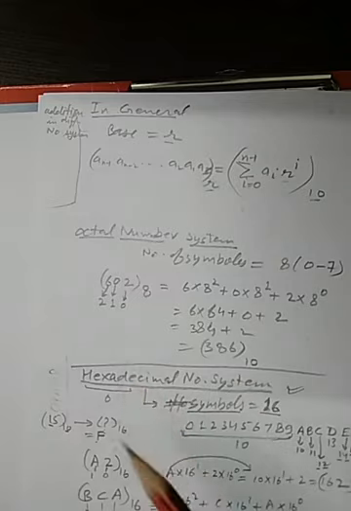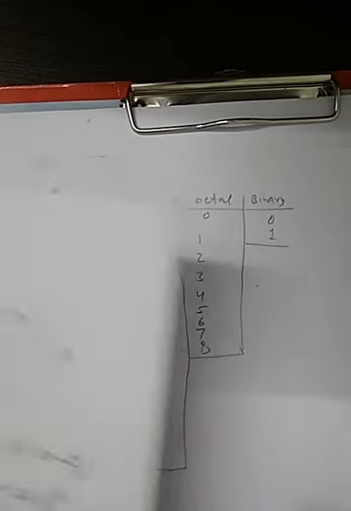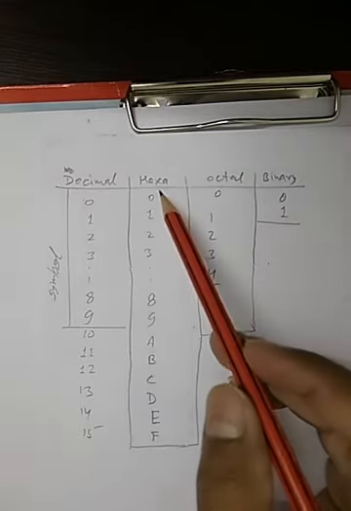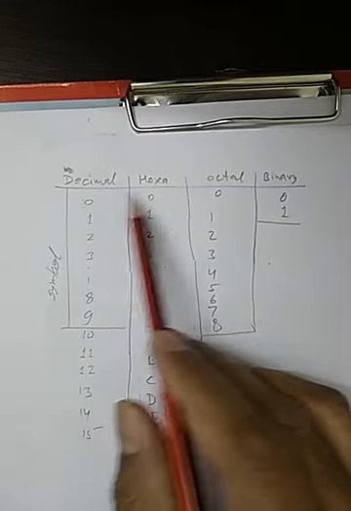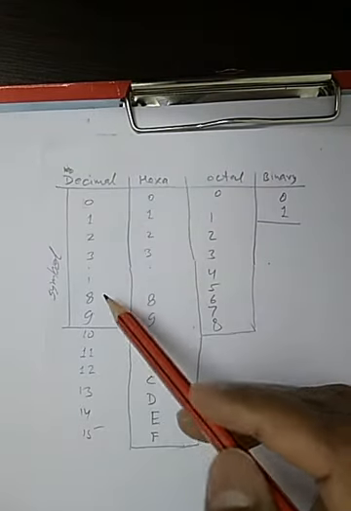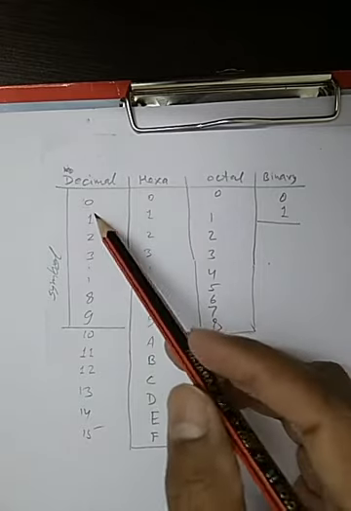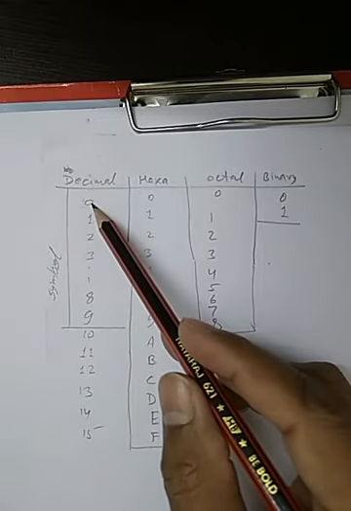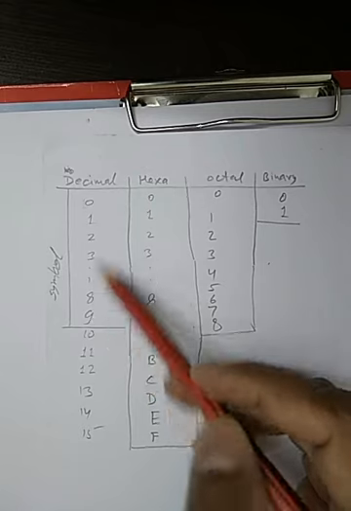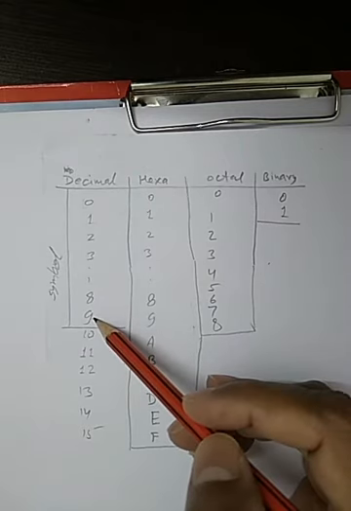Okay, so we have also seen that in the octal number system, hexadecimal number system and decimal number system, we have different symbols. In decimal number system I have symbols from 0 to 9. Total 10 symbols have been used.